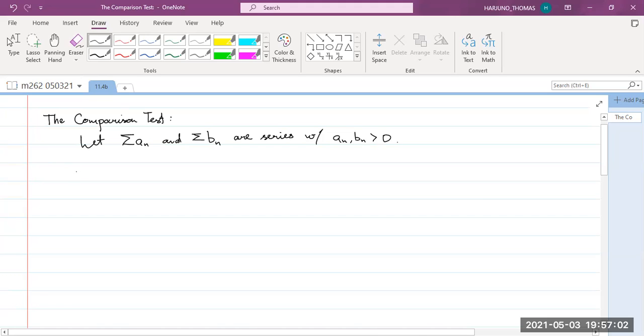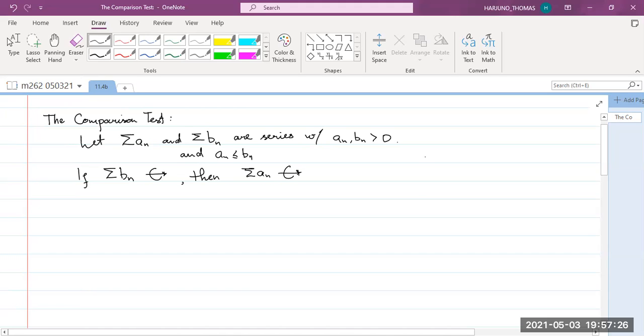Now, if the series B sub n is convergent and A sub n is less than or equal to B sub n, then the series A sub n is also convergent.